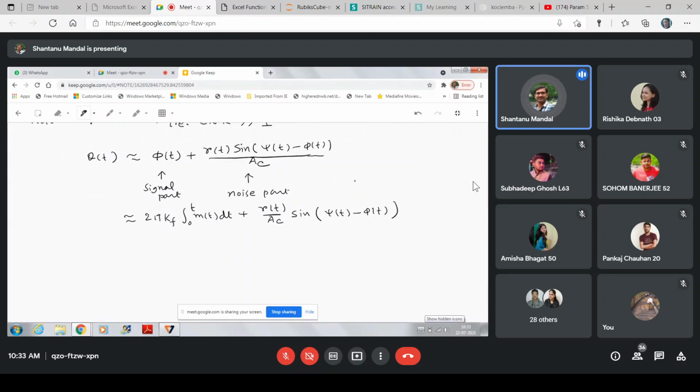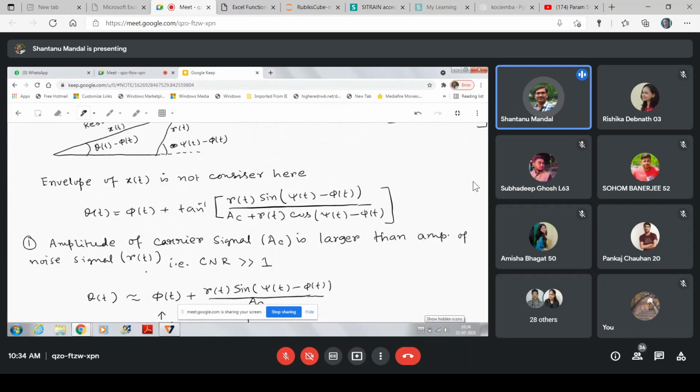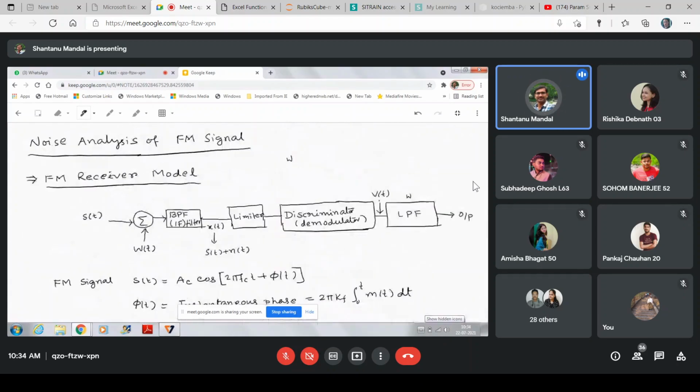Now we have to consider the discriminator output, that is the FM demodulator output. The FM demodulator output is V(t).